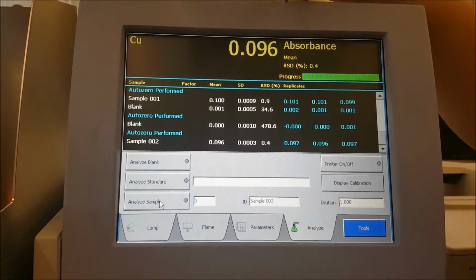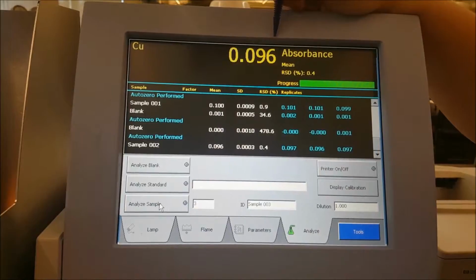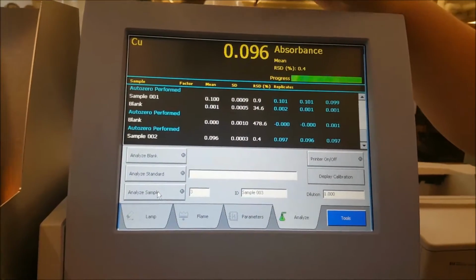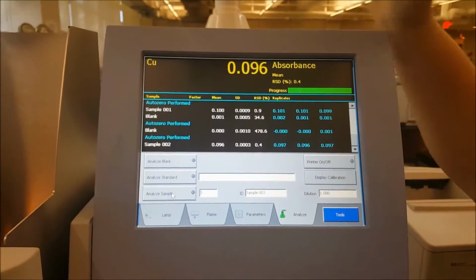Okay, and this number here is its absorbance, and that took 1 second measurement. And it took 5 measurements, and this number is the average of the 5.